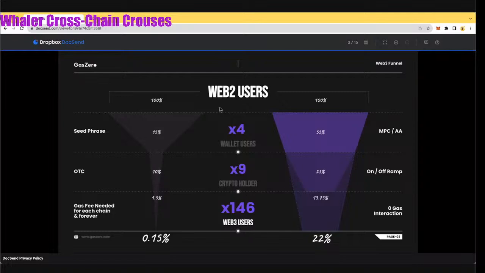So in the end of the story, we have 0.15% retention compared to 22% if we are using innovating solutions, which is pretty significant and has a huge impact on bringing more users.